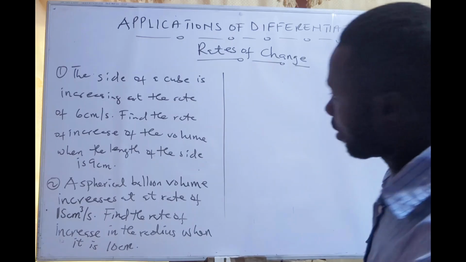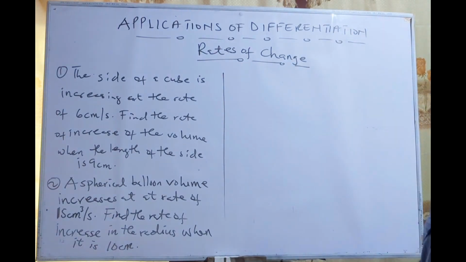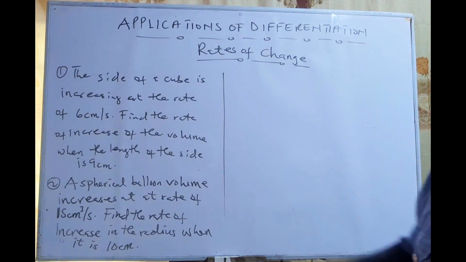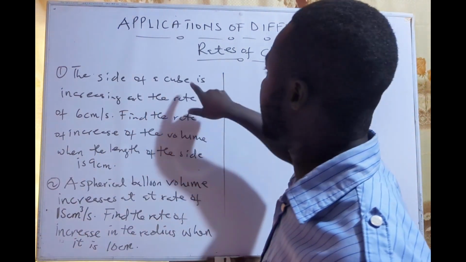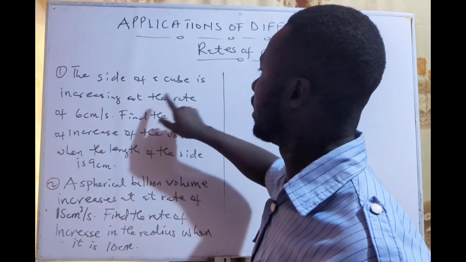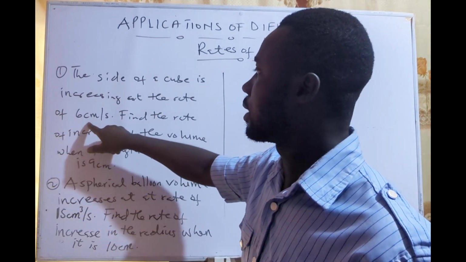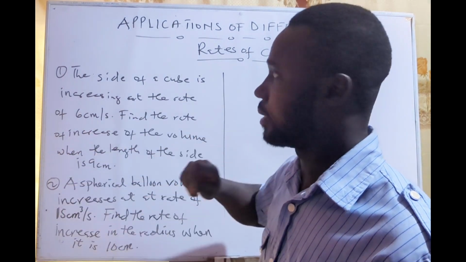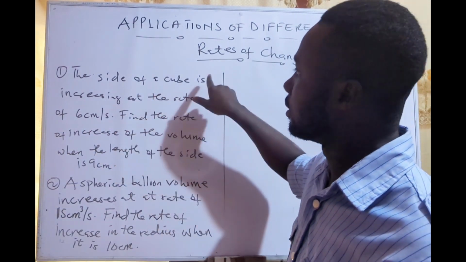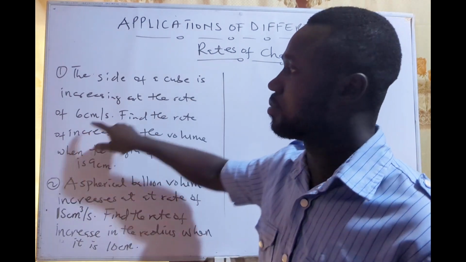All right, let's look at examples where we are given the rate of change in terms of time. It says the side of a cube is increasing at the rate of 6 centimeters per second.